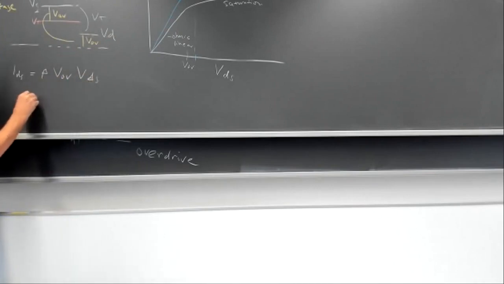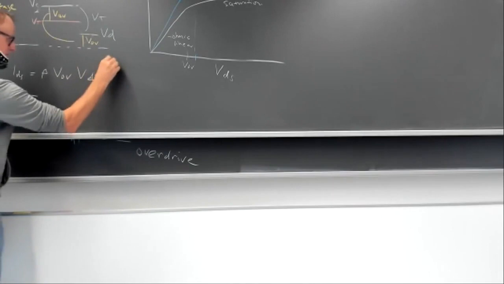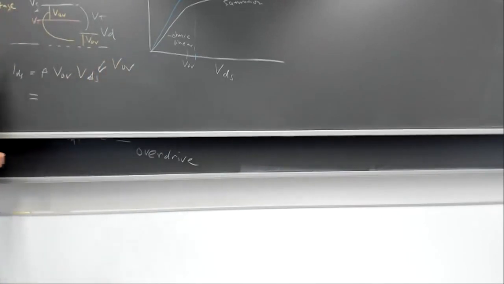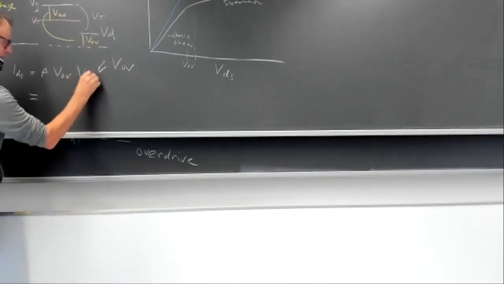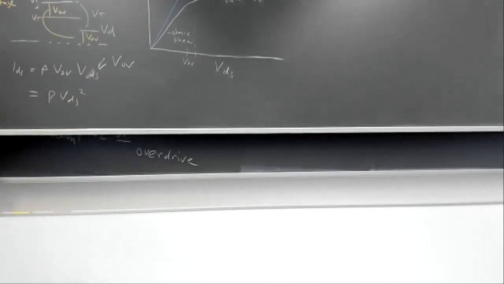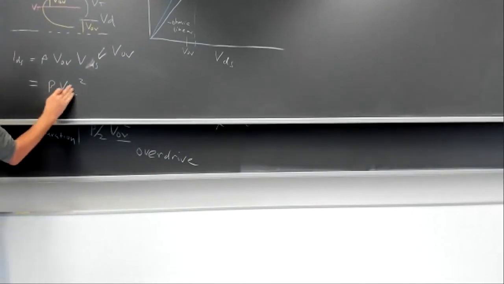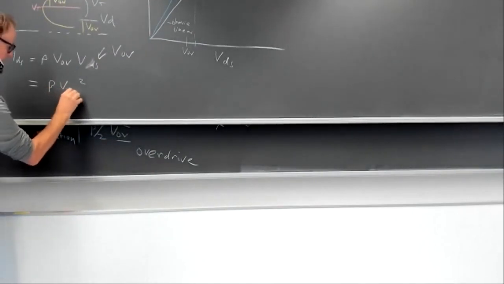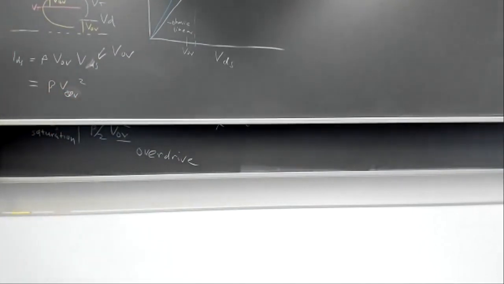What do you get? If I substitute in here the overdrive, what do you get? Because that's where it saturates. You get beta times VDS squared, right? Times the overdrive squared. Is it clear? That's where the square behavior comes from.